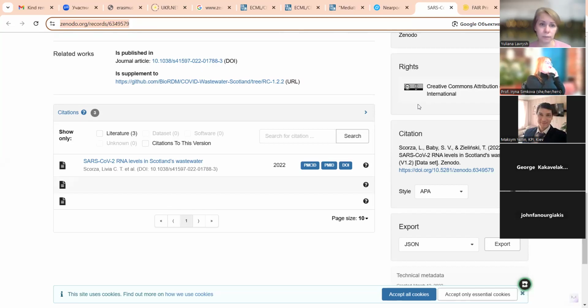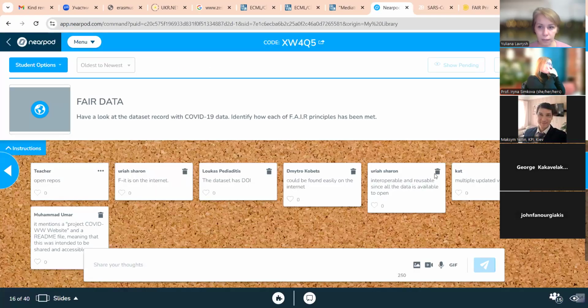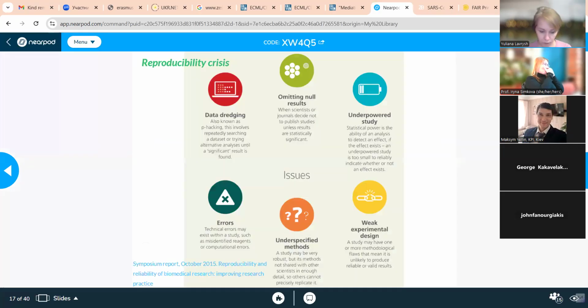So you might partially open this data. Okay, so now you know what the FAIR principles mean and how they work, and we proceed further.